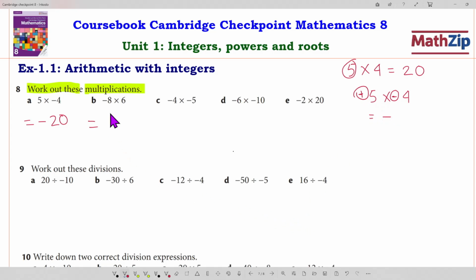Next, 8 times 6 is 48, and here is minus, so it will become minus.